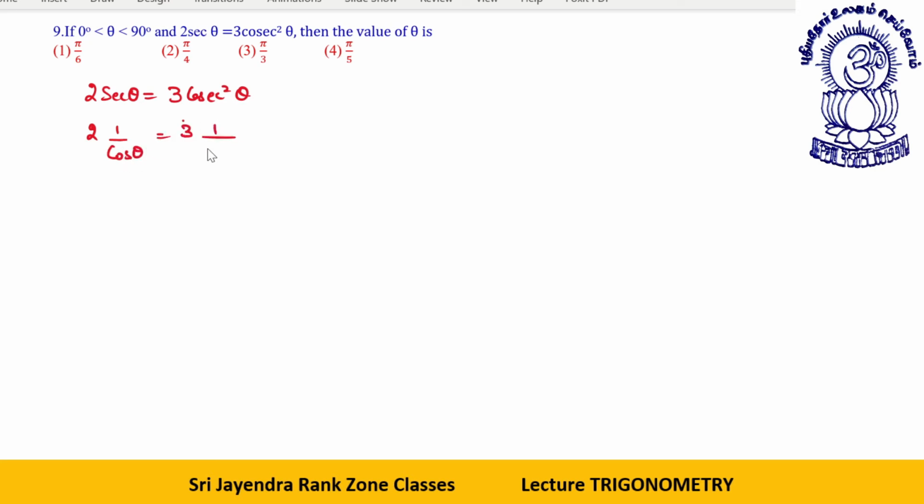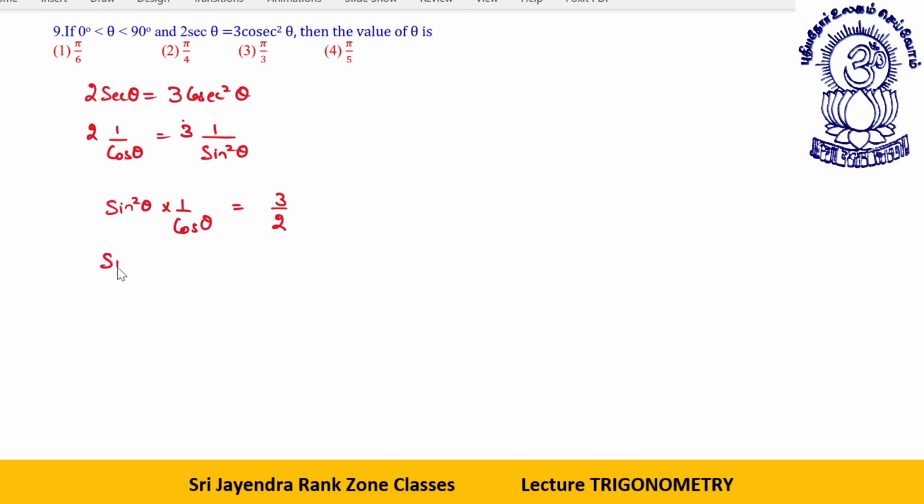Cosec square is 1 by sine square theta. From here I can say sine square theta into 1 by cos theta is equal to 3 by 2. This part clear? Fine. 3 by 2.